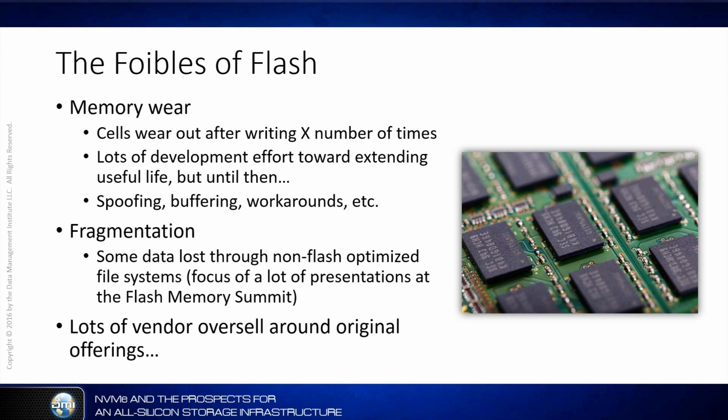And what happens when a cell burns out? Cells are organized in a flash chip into groups, and the entire group needs to be invalidated when one of its cells fails. Now, that simple fact has led to a lot of interesting engineering directed toward extending the useful life of those cells. But until we come up with better strategies for reinforcing and improving the capabilities, I mean, we have ways to do it.